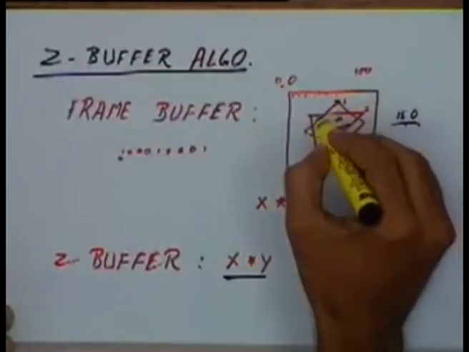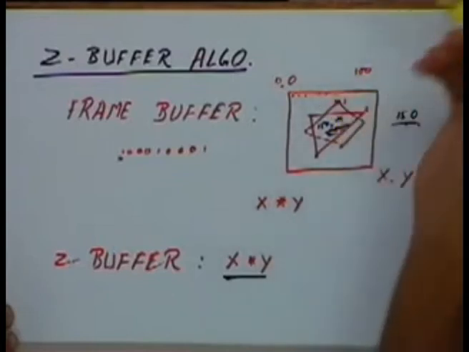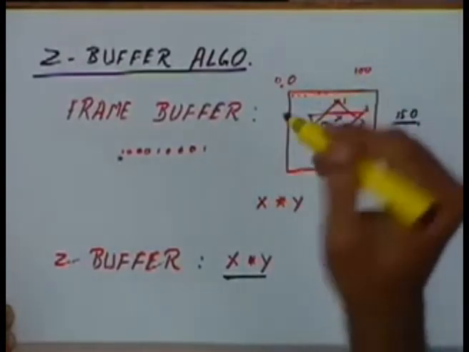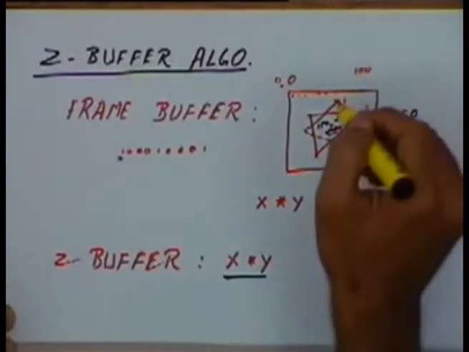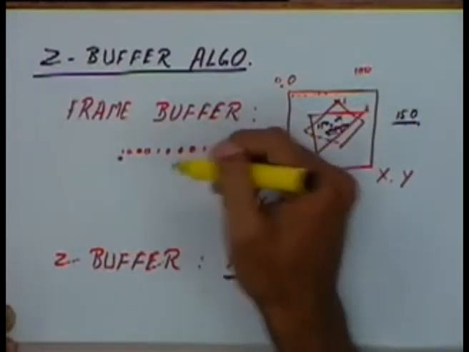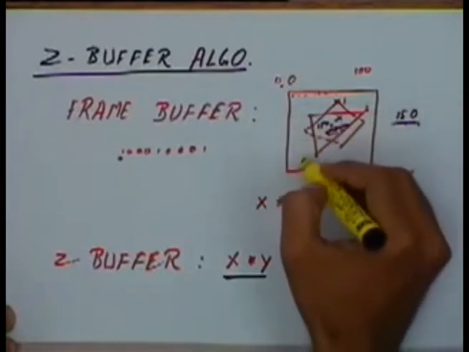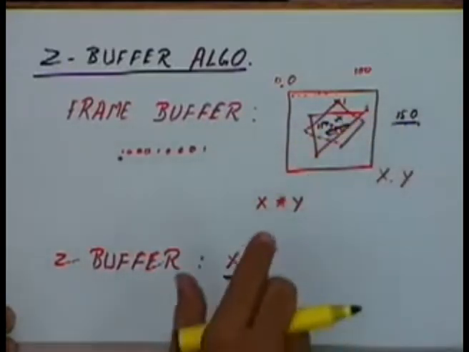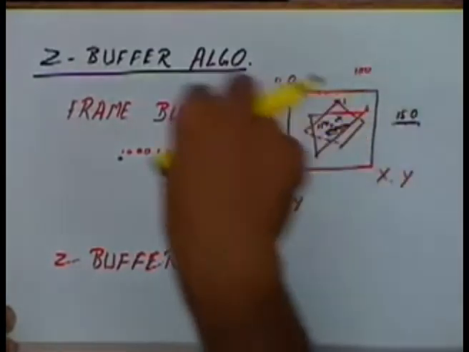Yes, which polygon and the display information with respect to that will go into the frame buffer. If I am displaying polygon number 1, let's say it is of a different color or has a different intensity, that information will be stored in the frame buffer. The moment I update it with the information of a second polygon, the display characteristics of the second polygon will be put into the frame buffer.